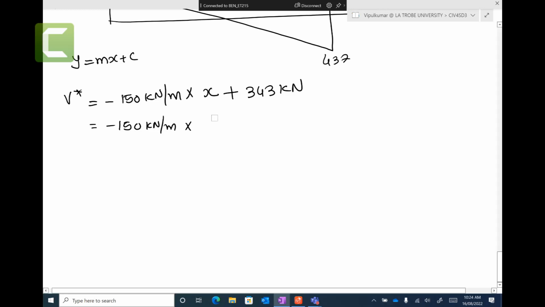Let's put it in meters. 0.537 meter plus 343 kilonewtons. So you get 262.45 kilonewtons as a shear force.